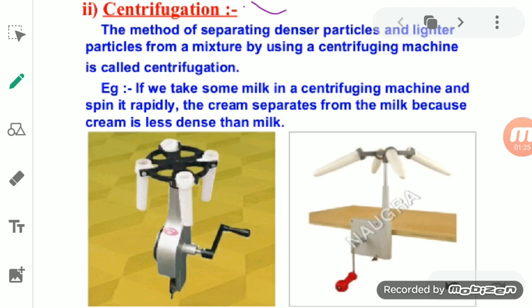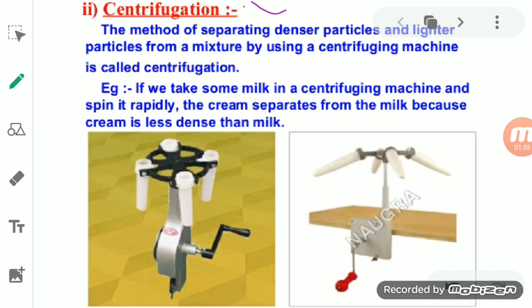It is due to the zigzag motion between the particles. They continuously collide with each other, so they do not settle at the bottom of the beaker. So if we want to settle these particles, we can use the process of centrifugation.